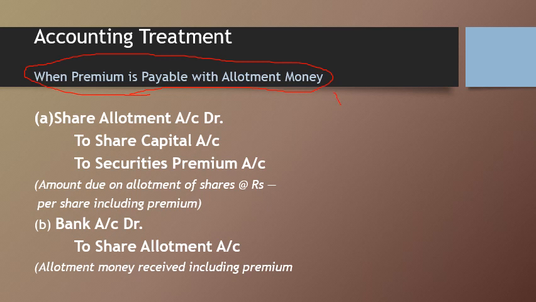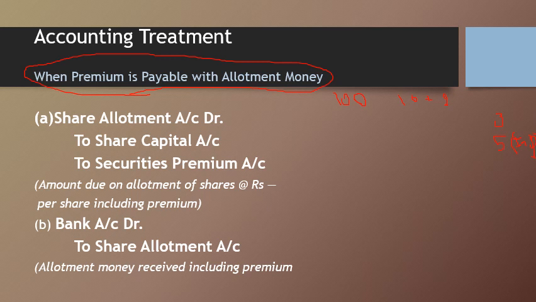Suppose the company is issuing 100 shares of rupees 10 each at a premium of rupees 2 and payable as 3 on application, 5 on allotment, and the allotment includes premium. So the actual allotment money will be 3 plus 2 premium, and the shareholders have to pay rupees 5 on allotment.